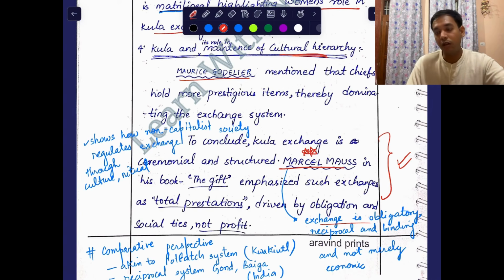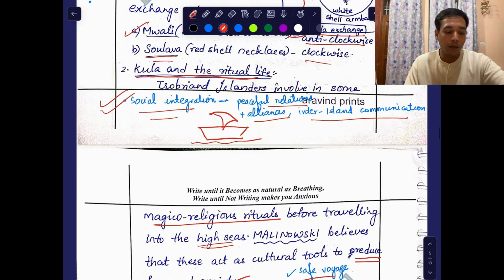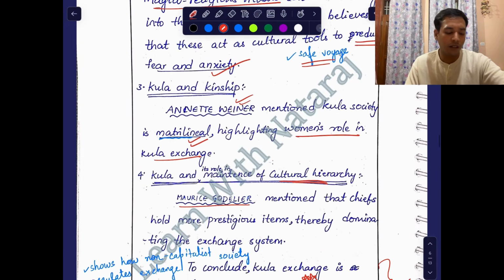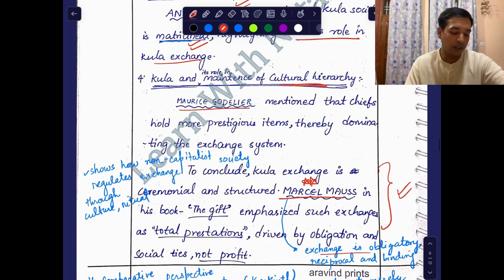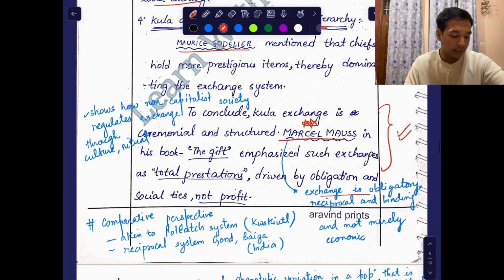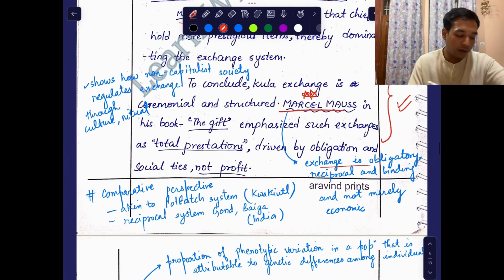It was reciprocal, people used to exchange it, balanced reciprocity, for example Marshall Sahlins ने जैसे बताया, and it is binding, and it is not merely economic, it is for the maintenance of social relations, maintenance of hierarchy among the people, also maintaining the alliances and reducing the conflict within the society of islands of the area of Papua New Guinea, right.